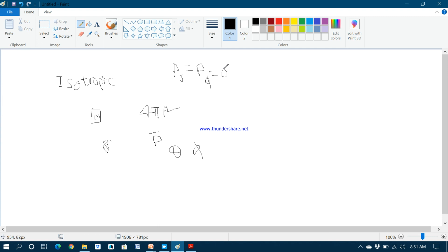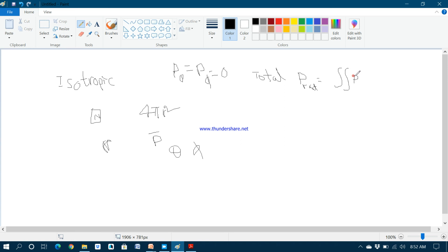So the total radiated power, P radiation, is given by a double integral. Why is it a double integral? One is for theta, one is for phi.